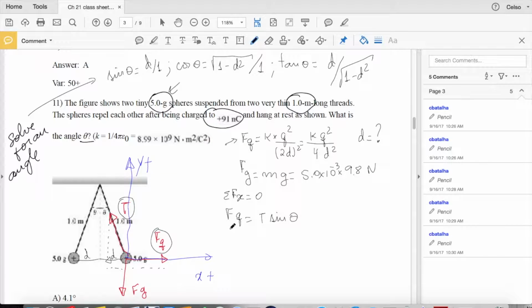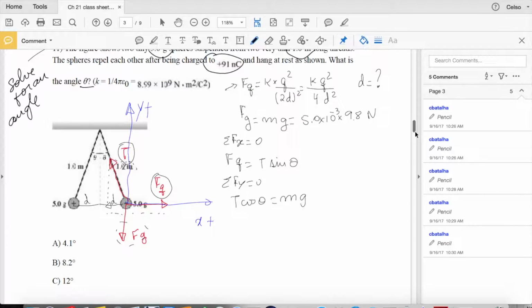Now, if we do the sum of forces in y equals 0, then the projection of tension along the y direction, which is T cosine theta, is equal to mg. So this projection of tension balances out the weight, basically.